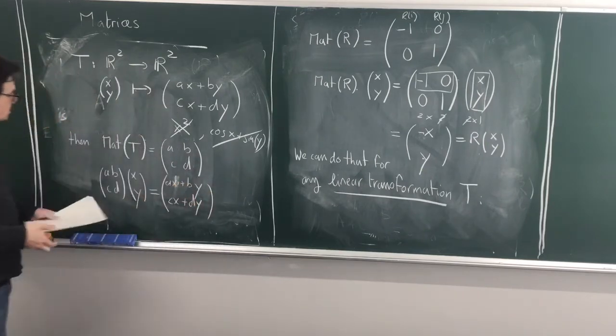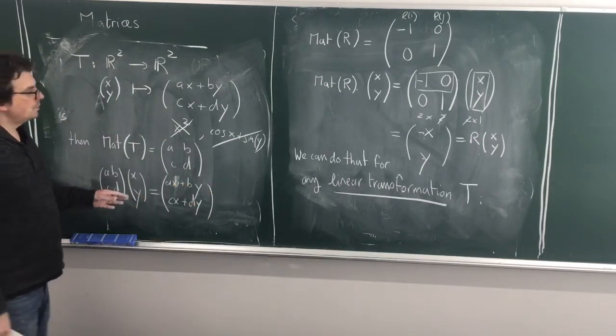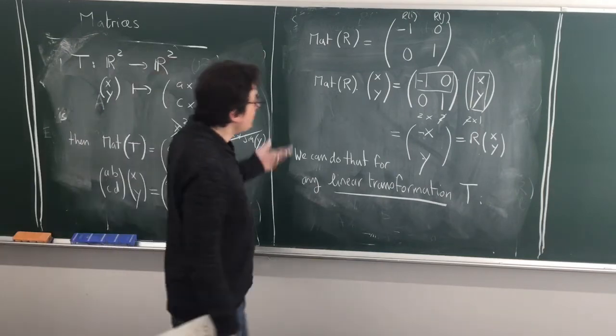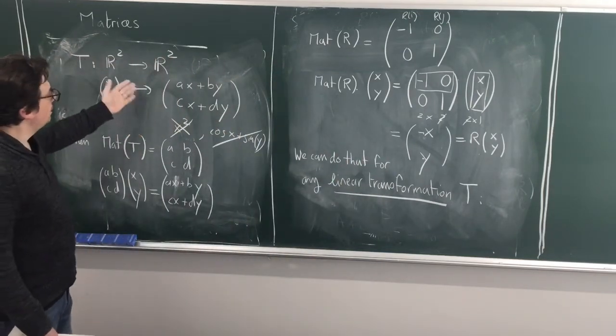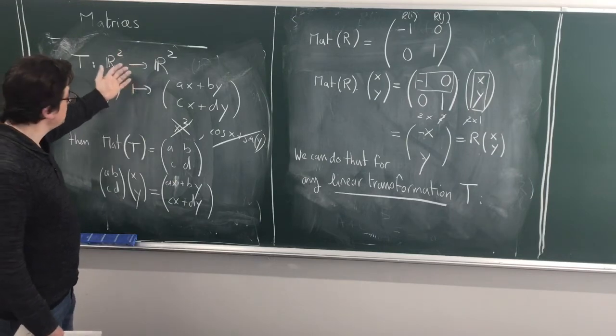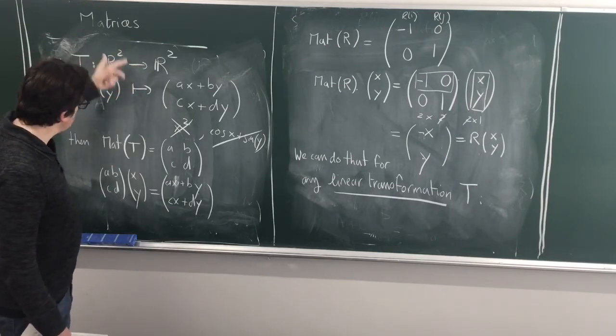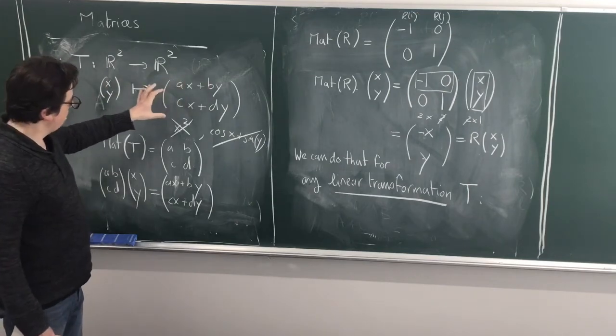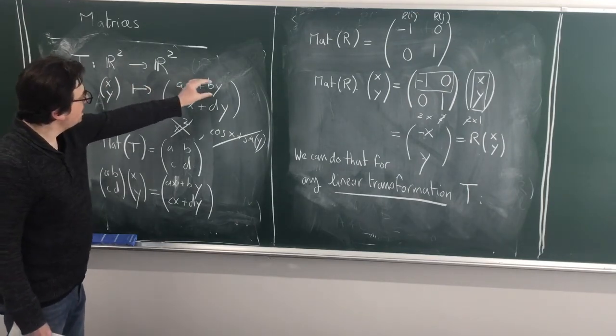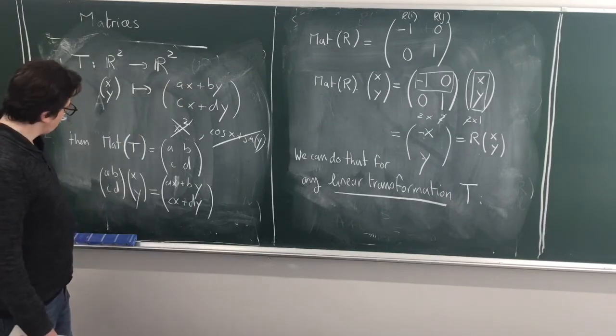So as you can see, this works not only for the reflection, but for all linear functions of the plane, and it works also in 3D, for R3, whenever you have this kind of linear expression.